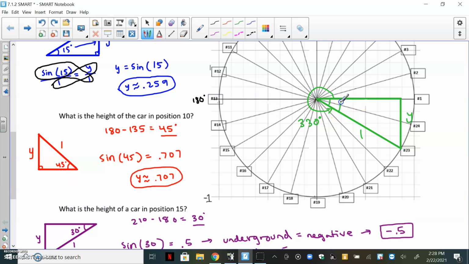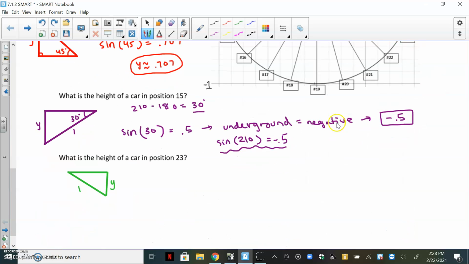Okay, so this actual angle inside isn't 330, but we know that the whole revolution is 360, right? One whole revolution. And if we stopped at 330, that means this space in between is going to be the difference between those two. So that tells us we're dealing with a 30-degree angle.